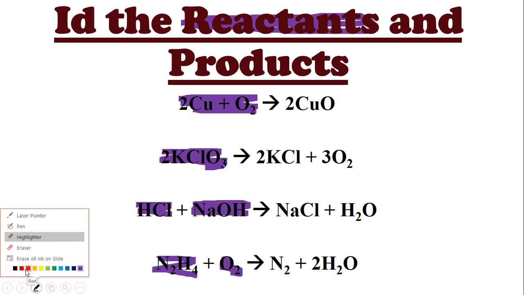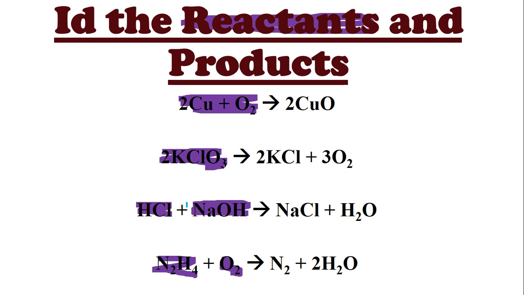Now I'm going to change the highlighter to blue, and anything that's a product, I'm going to highlight in blue. So in the first equation, CuO is a product. The second one, KCl and O2 are products. These numbers here indicate how many there are, and they're going to factor in a moment when you do something else.